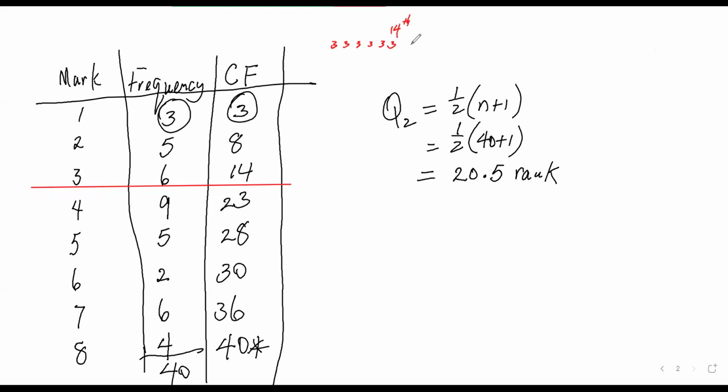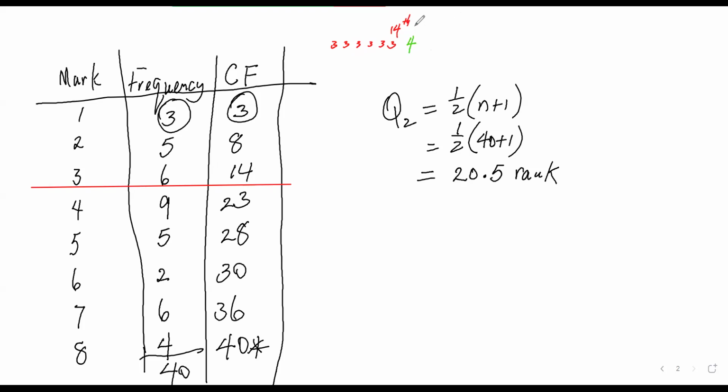So your 15th number is a what? Not 3. The 14th number ends the 3s. So your 15th number will be what? 4. That's right.